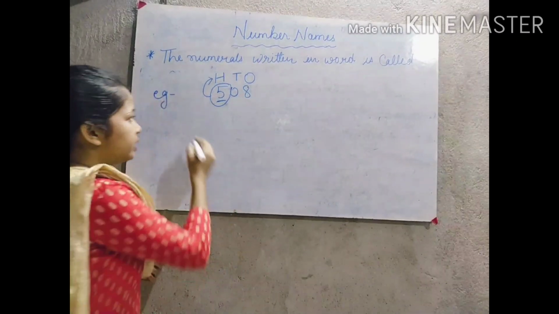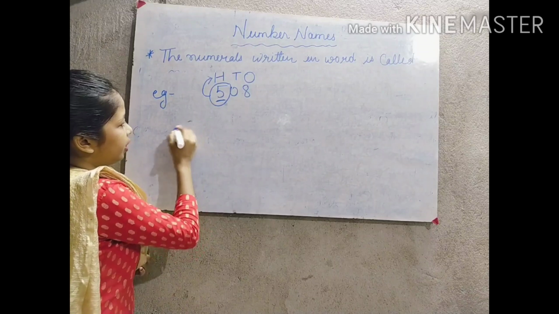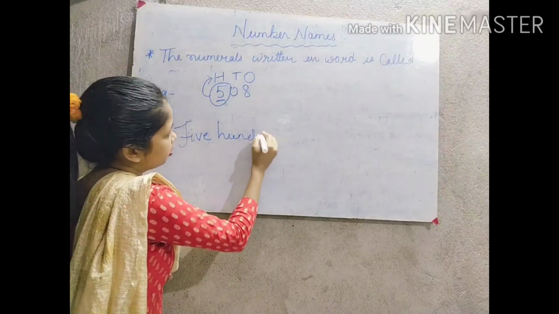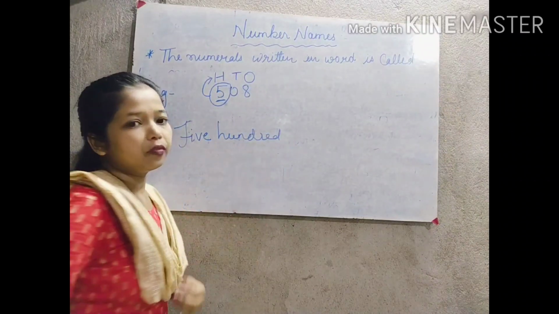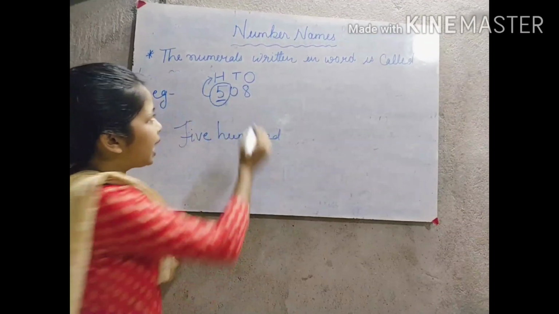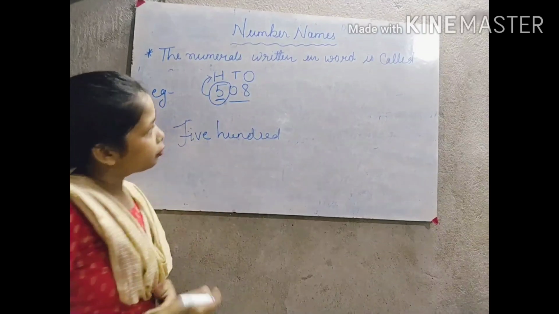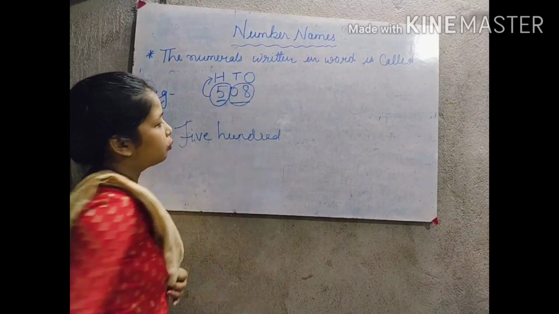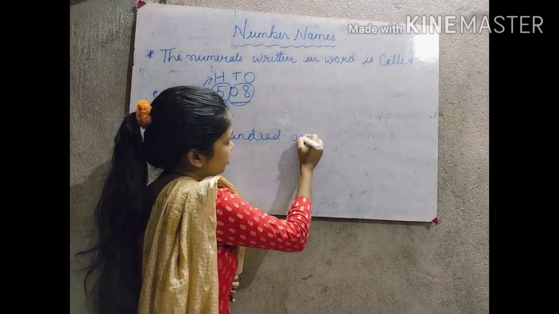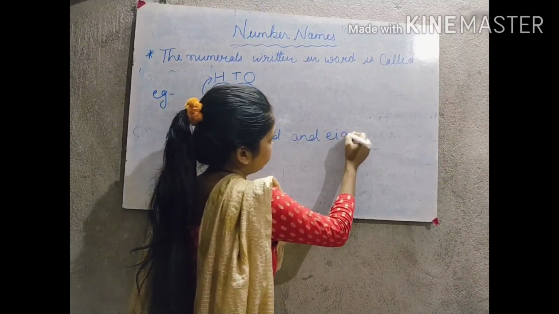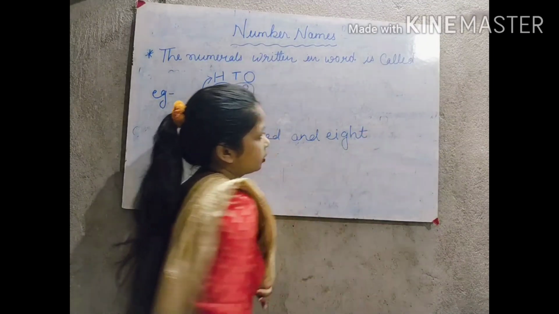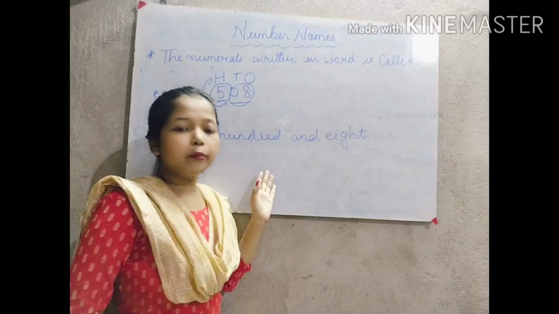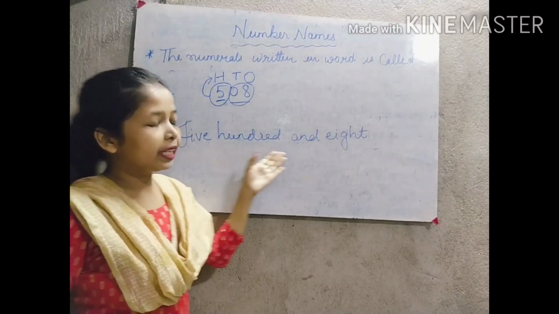So we will write here 500. Next, we will follow it by the last 2-digit number, that is 8. So we will write here 508. Now the number name will be written as five hundred eight.